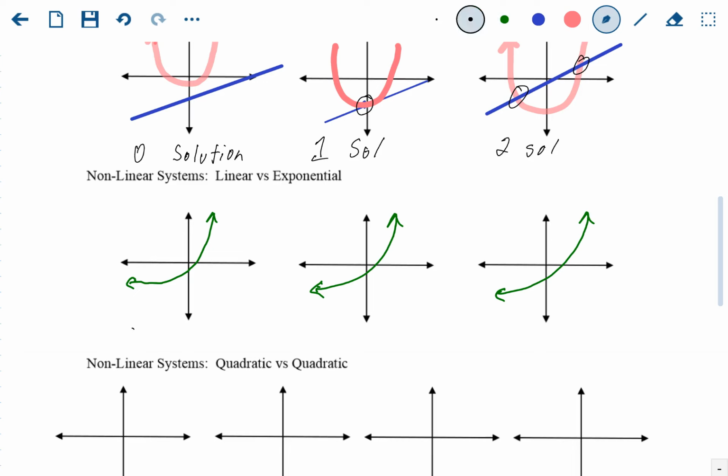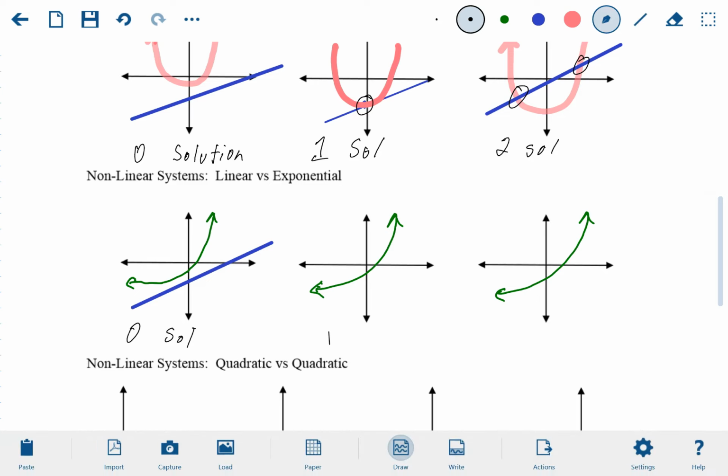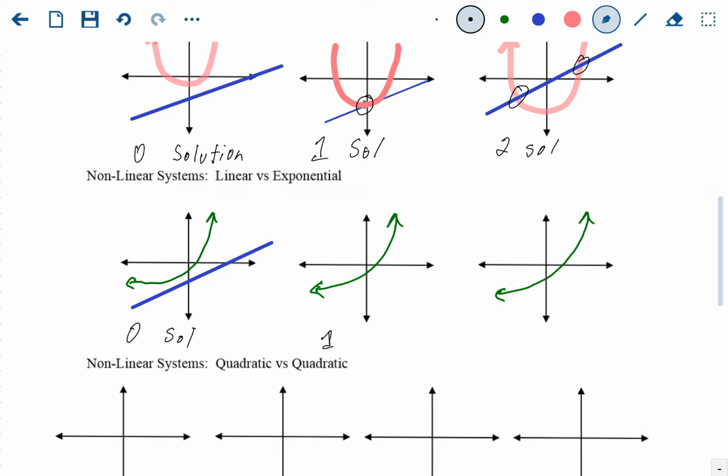You could have no solutions. In this case, again, the two lines just miss each other. You could have one solution. Same thing as the other one. It's just going to barely touch the graph. One solution. You could have, well, there's actually two possibilities for this. You could have it barely touch the graph in a tangent line, like so.